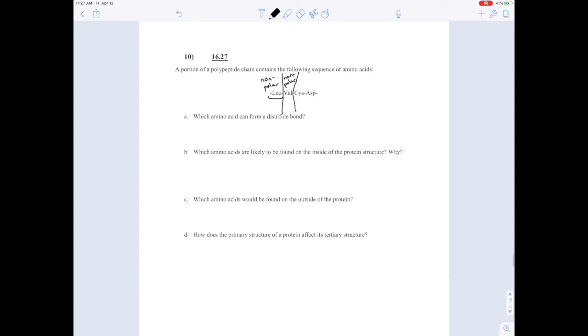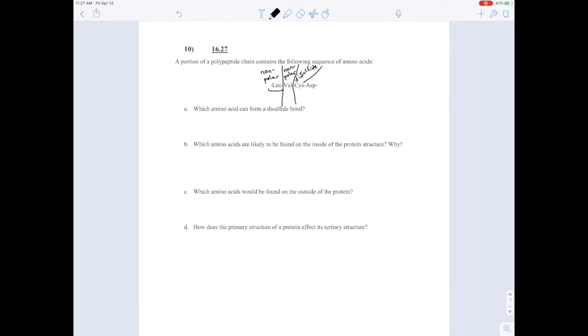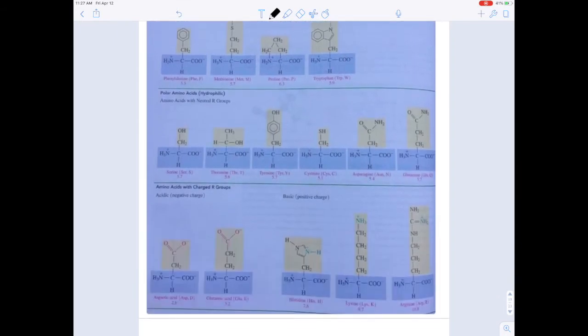Now cysteine is a really special amino acid. We saw in chapter 16, question 9, how cysteine forms those really strong disulfide bonds. That's what we want to watch out for with cysteine. And if you look at the structure for cysteine, it is a polar amino acid, but it has that sulfur on the end.